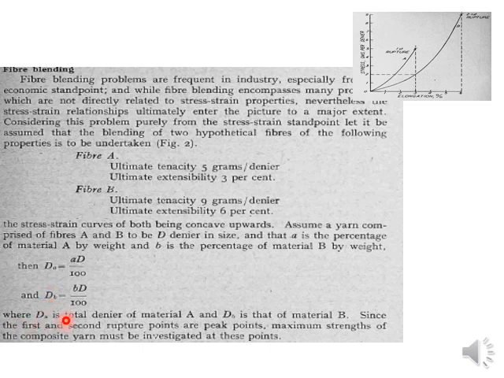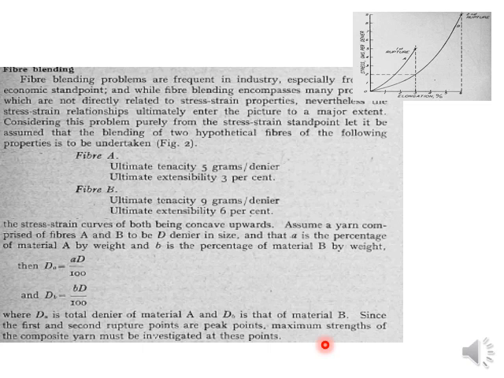So dA is the denier of the assembly of A fibers, and dB is the denier of the assembly of B fibers of the blend. We are dividing the whole denier into two deniers, and if we add them, it will be D denier.